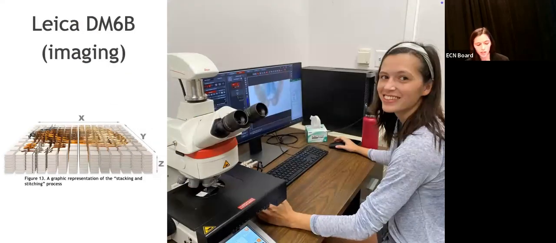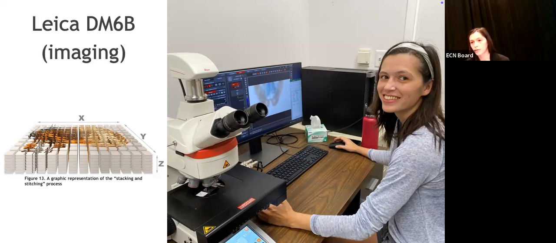All right, so first, images of the slide-mounted moth genitalia are captured at 10x using a Leica DM6B microscope equipped with a camera. Our goal is to capture detailed information across the entire specimen. And to achieve this, we acquire a stack of images for each slide. Stacks are just created by capturing 20 images at different Z planes covering the entire focal depth.